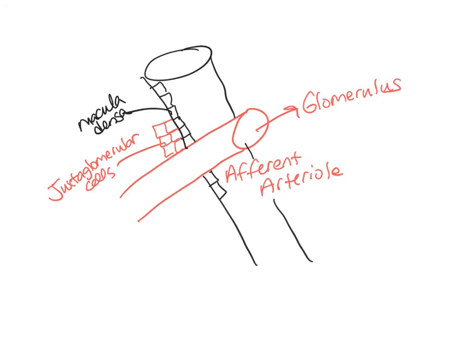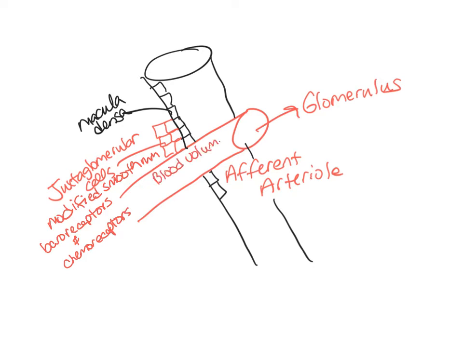The juxtaglomerular cells are actually modified smooth muscle of that afferent arteriole, and they're the ones that act as baroreceptors and chemoreceptors. So they're detecting blood volume in that afferent arteriole, and they're also detecting chemicals like oxygen, as well as calcium and hydrogen.